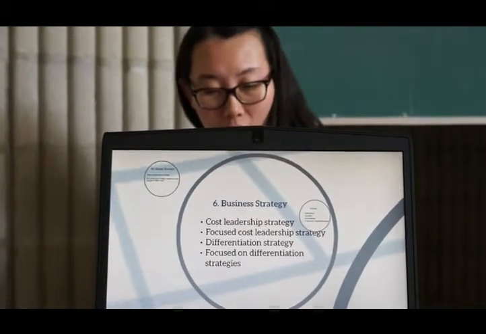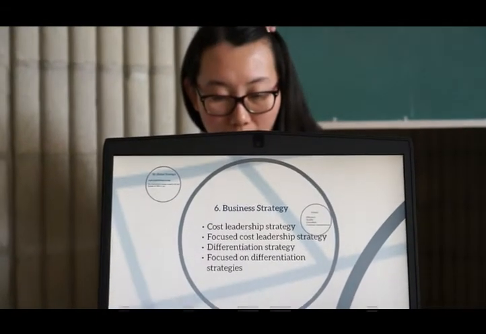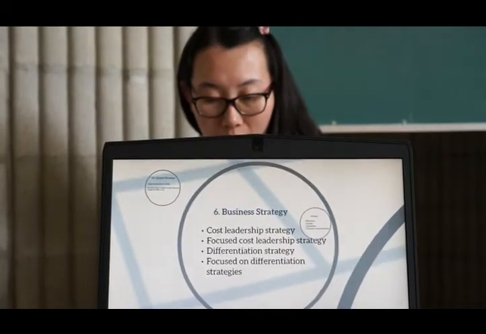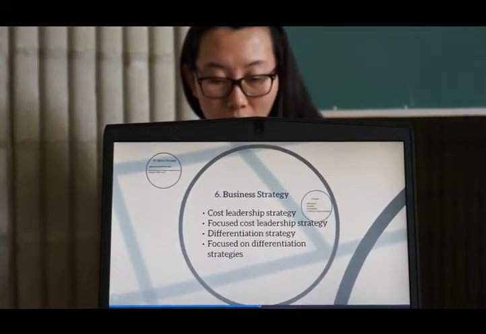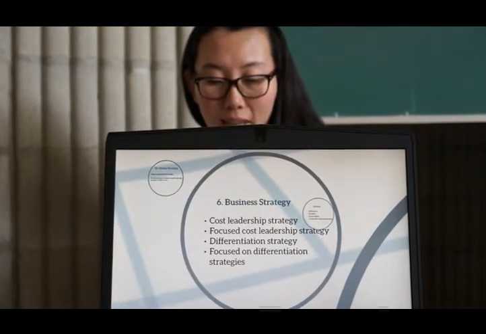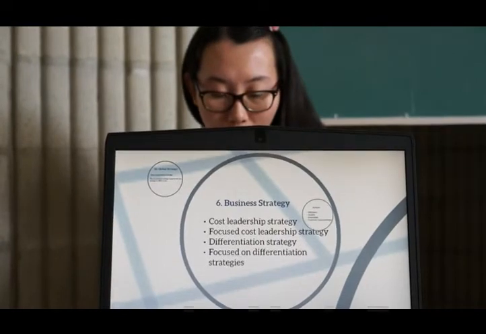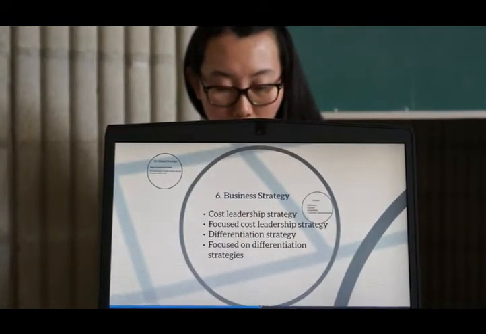This means IKEA tries to combine differentiation strategy and focus business level strategy in narrow product segments. Give consumers distinctive products. This strategy would allow IKEA to target consumers from the upper and upper middle class, which they did not target before.